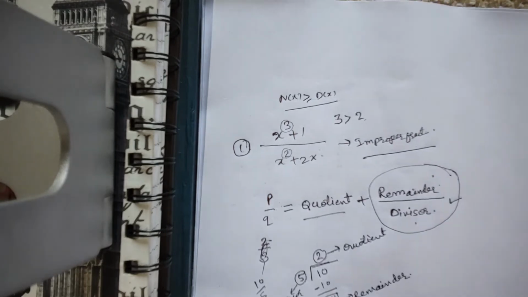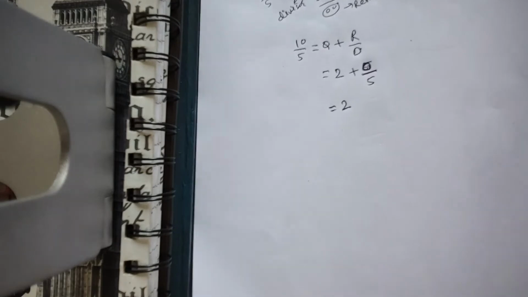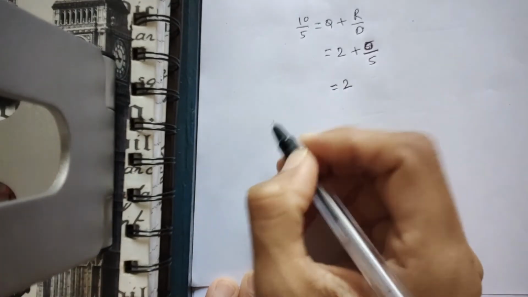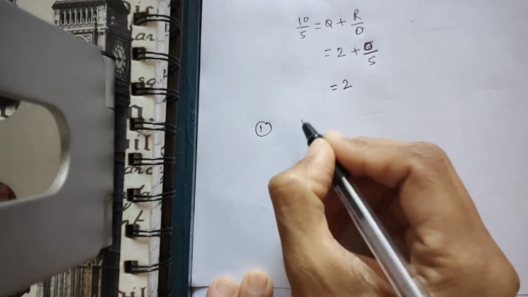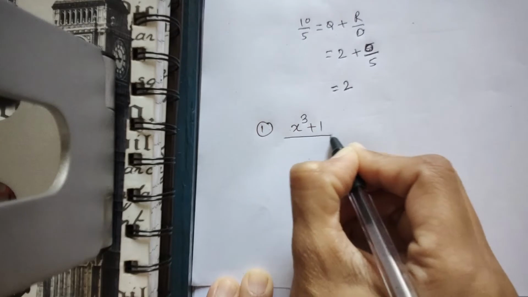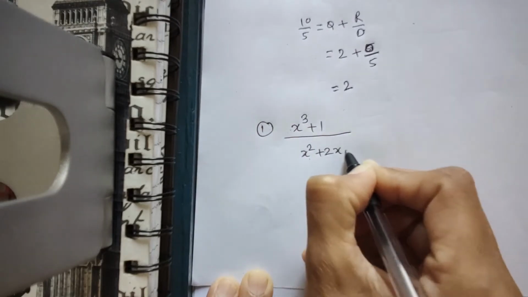So let's jump into the example. We are going to find the partial fraction of x cube plus 1 upon x square plus 2x.